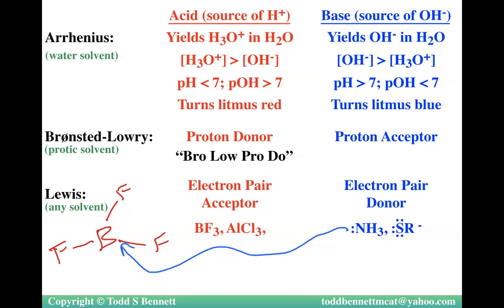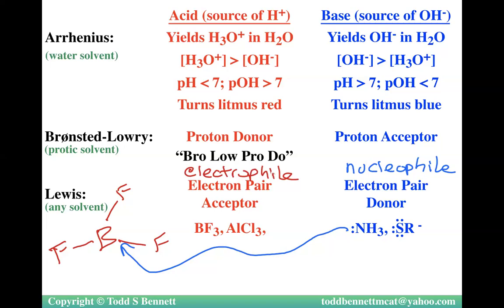So a Lewis base is also known as a nucleophile. It will come and attack a Lewis acid, which is sometimes referred to as an electrophile. So let's go ahead and define those words a little bit better. Nucleus loving, nucleophile; electron loving, electrophile.